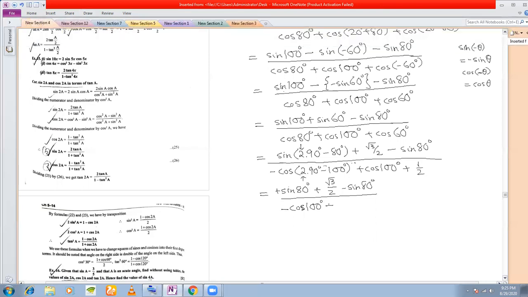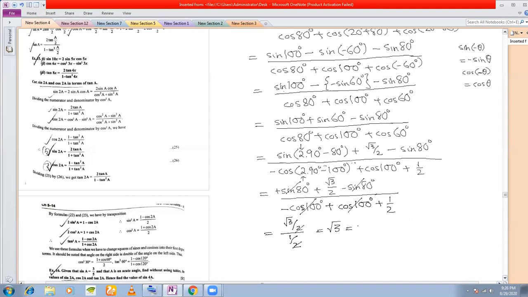Minus cos 100 degree plus cos 100 degree plus half. So sin 80 cancels. Cos 100 cancels. You simply get root 3 by 2 divided by half. Again 2 and 2 cancel here. You simply get root 3.